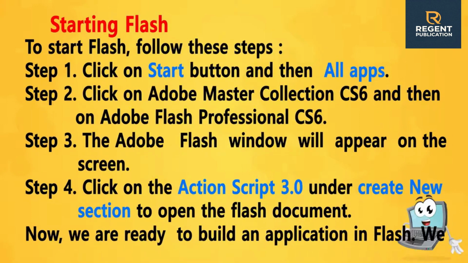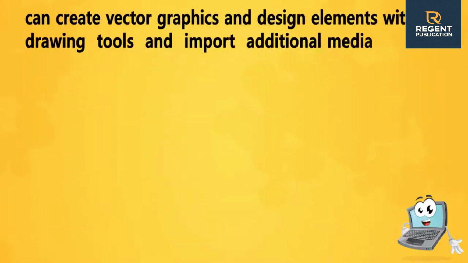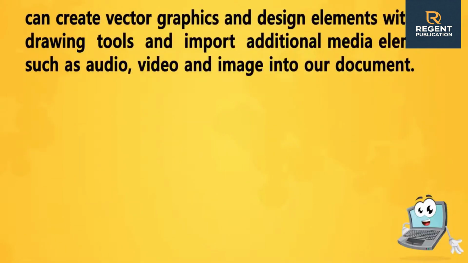Click on the ActionScript 3.0 under Create New section to open the Flash document. Now, we are ready to build an application in Flash. We can create vector graphics and design elements with the drawing tools and import additional media elements such as audio, video, and image into our document.